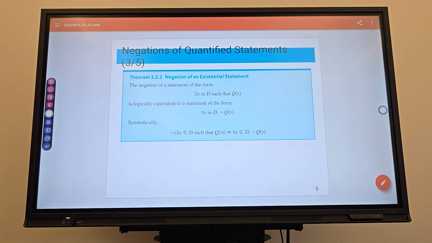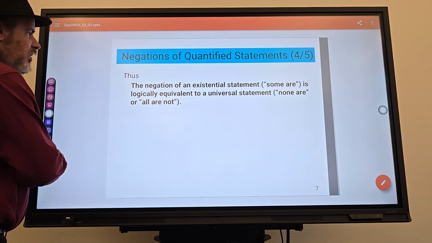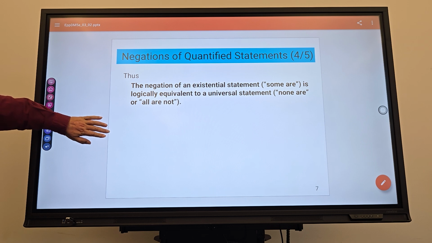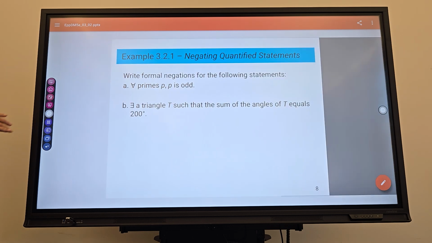There doesn't exist an example where Q of x is true. The negation of an existential statement is logically equivalent to the universal statement: none are, or all are not. There doesn't exist.